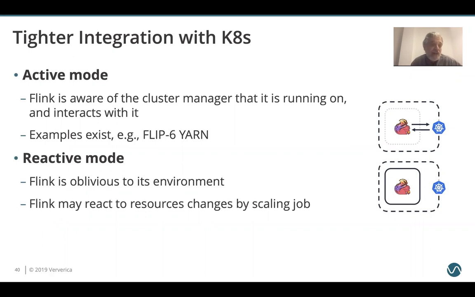What I mean by active mode is that Flink would be aware of Kubernetes and interact with it directly, in much the way that Flink currently interacts with Yarn. The other style is where Flink is oblivious to its environment and reacts to resources as they become available. So in reactive mode, if more task slots come into existence, Flink would then just react to that and start using them.